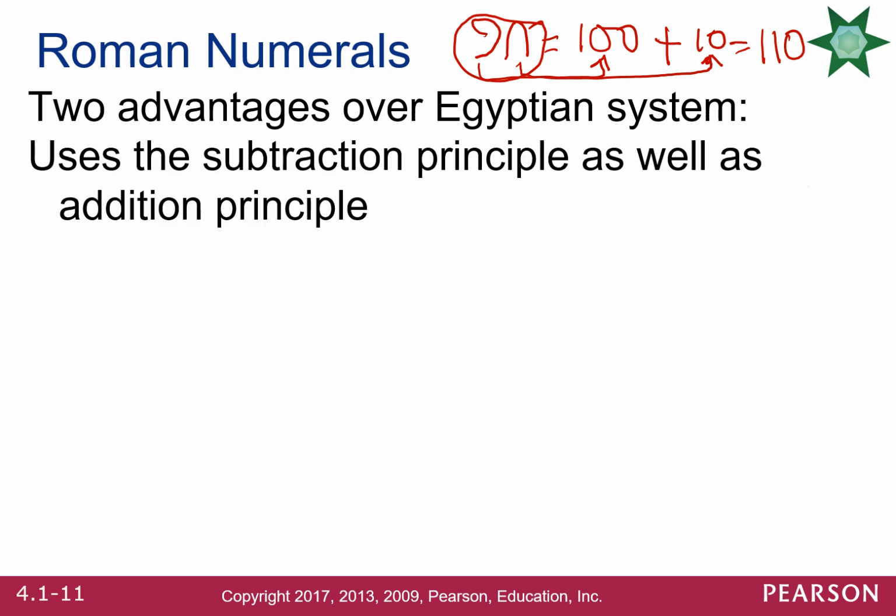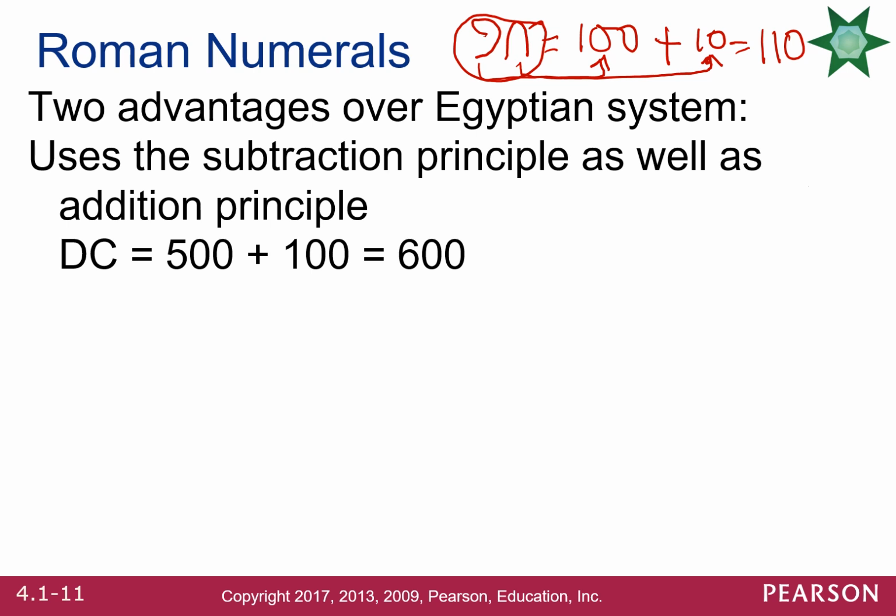So the Roman numeral system uses the subtraction principle as well as the addition principle, which is a development, a step above the Egyptian system. So you could say that is one advantage. So this is the example that they have worked. We have DC equals 500 plus 100. So here we see they have used the additive principle. Now, did it need the additive principle?